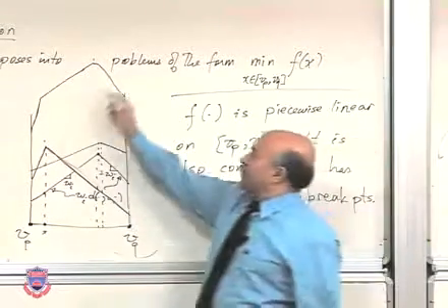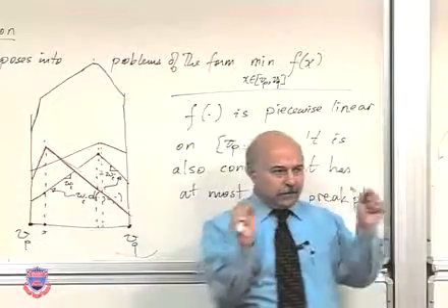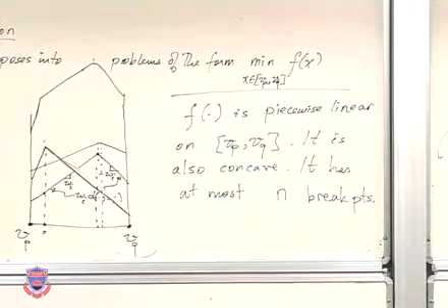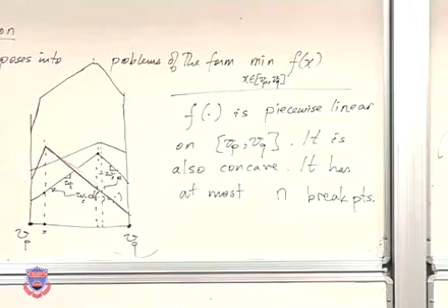Now, when you have a concave function on a closed set like this, where does the minimum occur? At one of the endpoints, right?